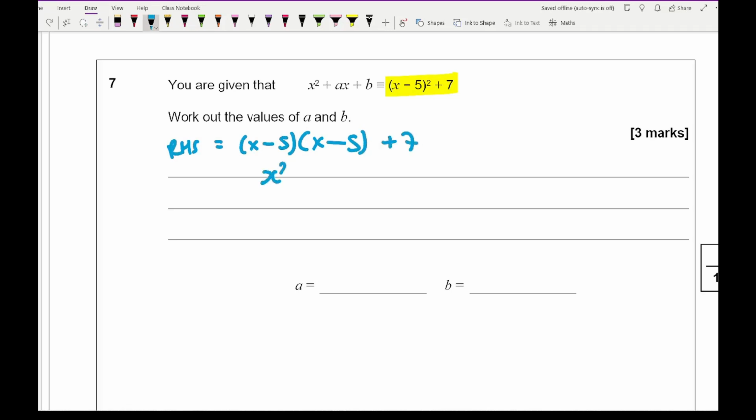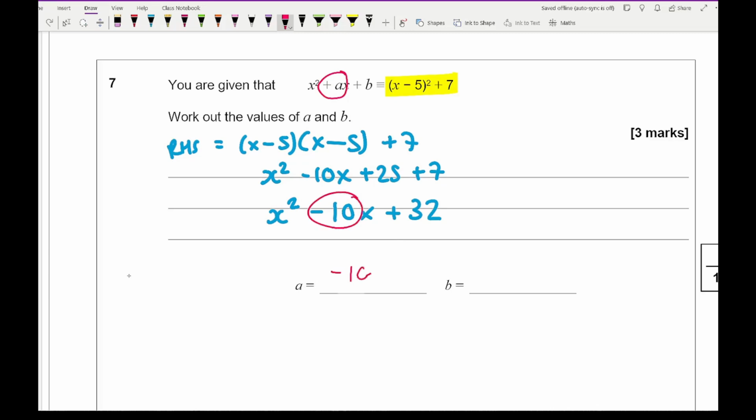So that then becomes x squared minus 10x plus 25 plus 7. So that gives me x squared minus 10x plus 32. So then all that's left for me to do is compare the coefficients. So a is the coefficient of x, which is minus 10, and b is the constant, which is 32. And then just be mindful of the signs, but there is our answer.